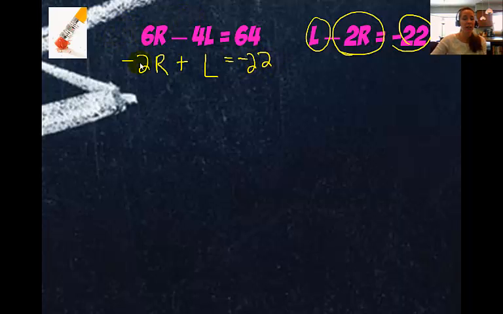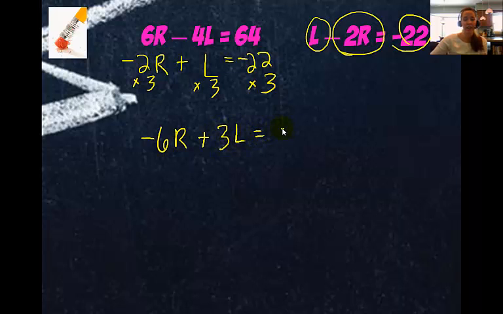I could multiply the bottom by 3. In fact, let's go ahead and do that. If I multiply each section by 3, and again, there's more than one way to do this, I get negative 6r, I get positive 3l, and I get negative 66. Let's put that right up next to our other one.